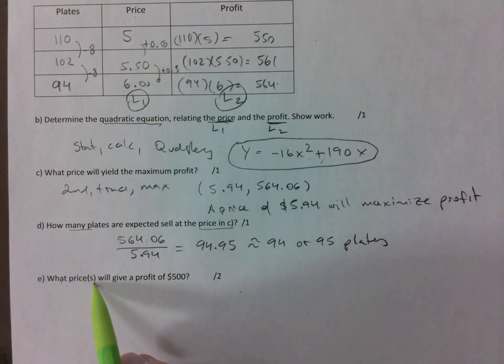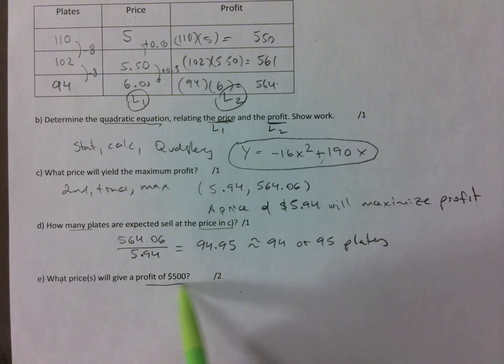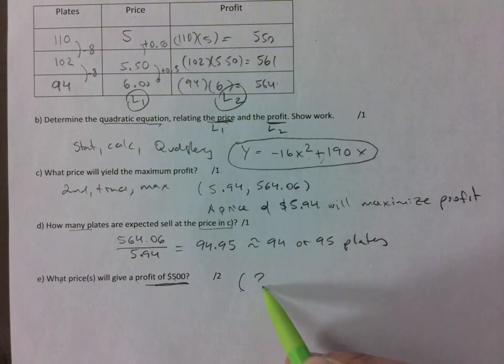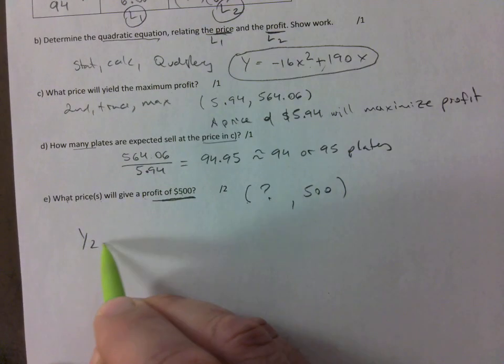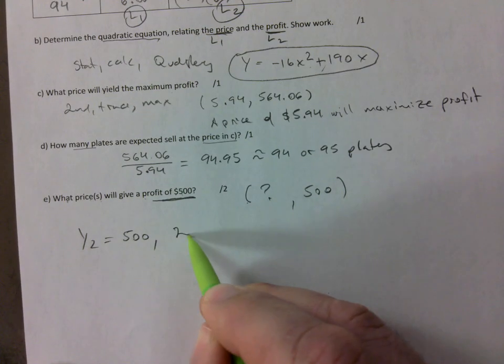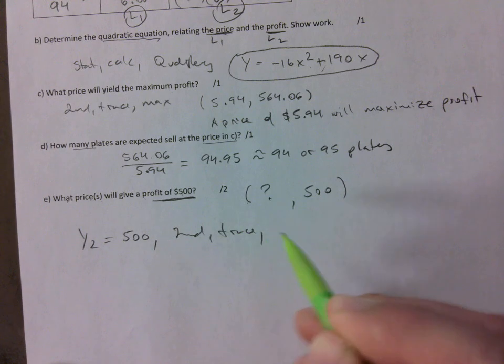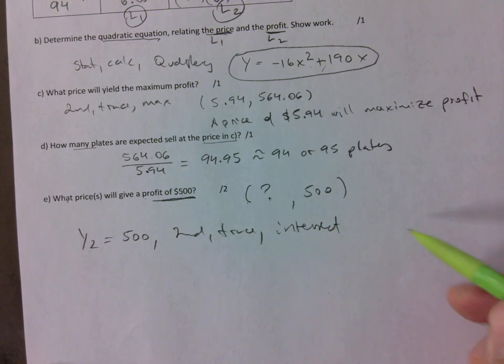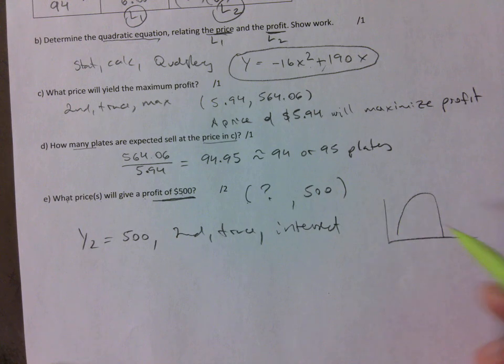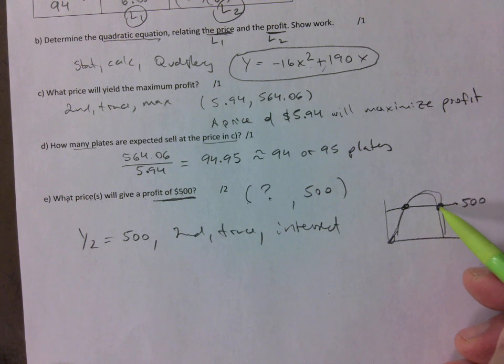What price or prices will give you a profit of 500? It's saying, what price would give you a profit of 500? That's what it's asking for. So really, you want y2 equal to 500, and then go find the intersection. This happens twice, correct? If this is your graph, this is the 500 line, so it happens there and there.